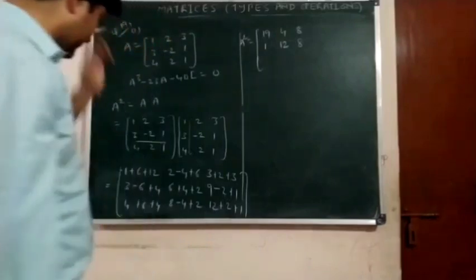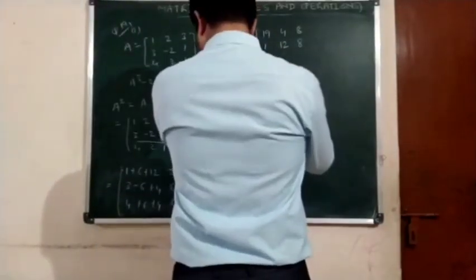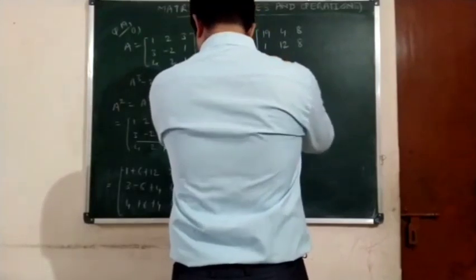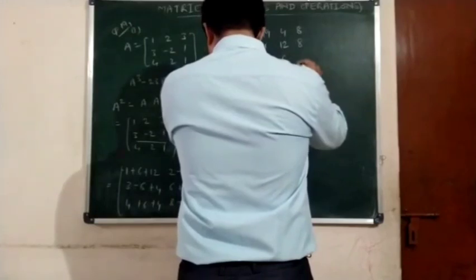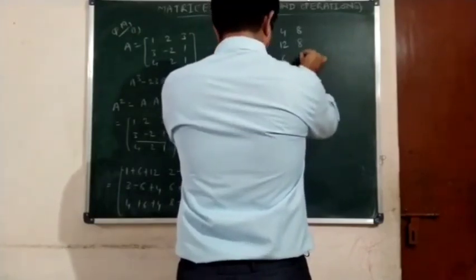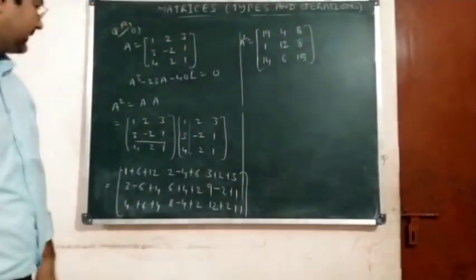Okay, and then 6 plus 4 10 plus 14 6 and 12 plus 2 14 plus 1 15. Okay, so this is A square.